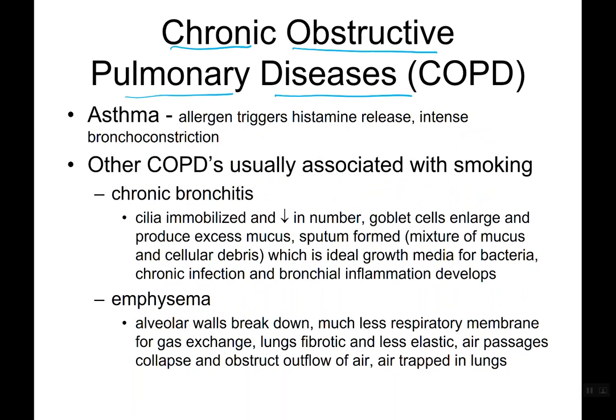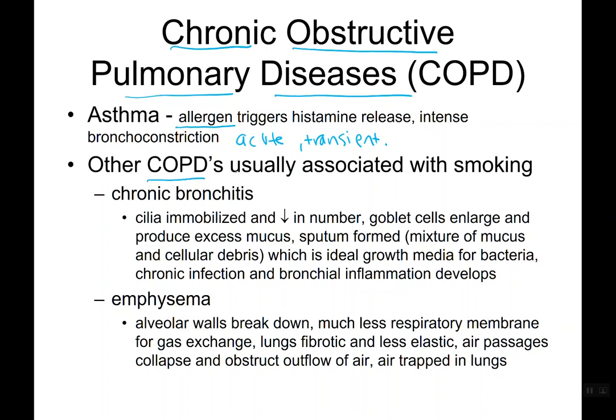Asthma is usually acute and transient. So an asthma attack is where an allergen of some kind triggers histamine release, and that results in intense bronchoconstriction. So it's acute, meaning it usually doesn't last very long as it's treated, and it's transient, meaning it's not present all the time, it comes in attacks.